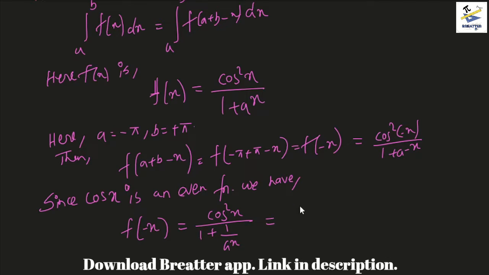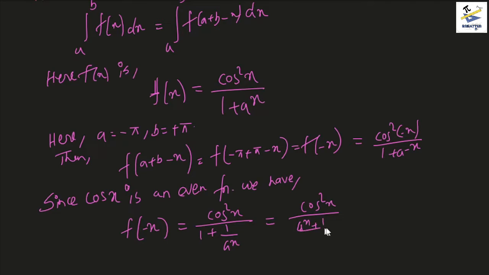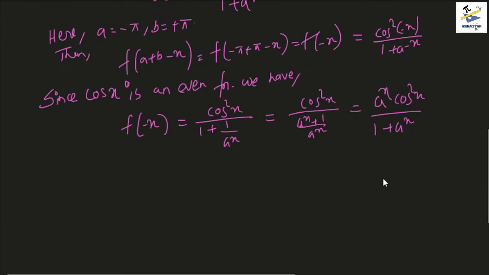So if you do the LCM below, what you get is something like this: cos square x by a to the power x plus 1 by a to the power x. And if you take the denominator to the numerator, because there are two divides there, what you get as the final answer is a to the power x into cos square x by 1 plus a to the power x, right? So this is what we get.